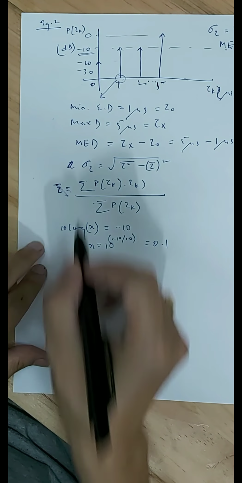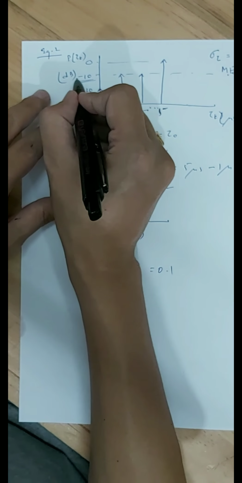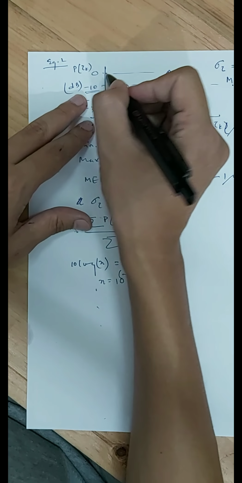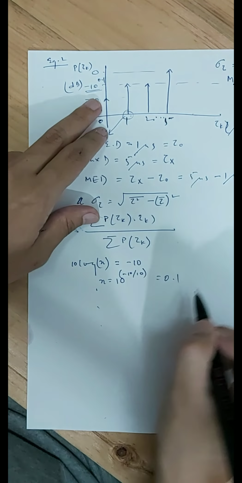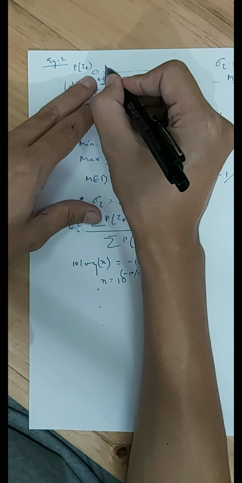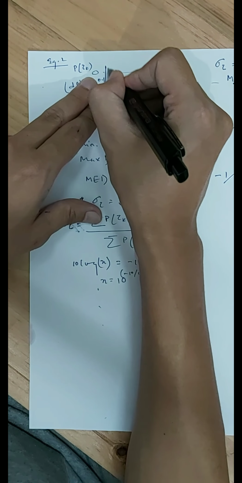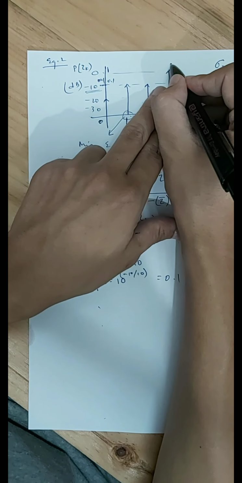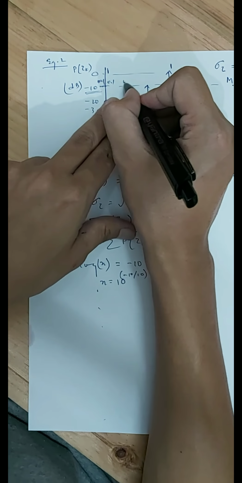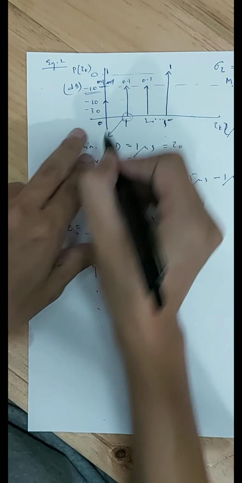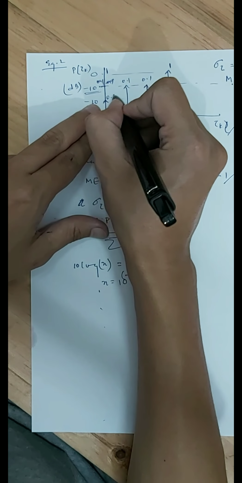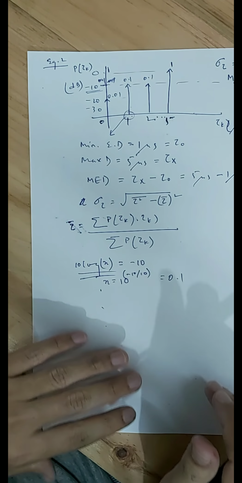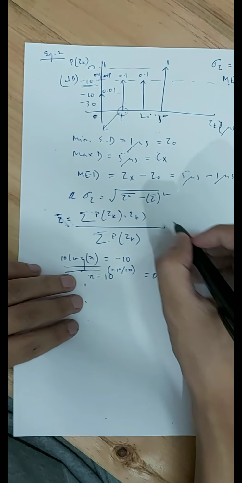So we'll do this for all these values: 0.1 for minus 10 dB, 1 for 0 dB, this is 0.1, this one will be 1, this one 0.1, 0.1. What about this one? This one will be 0.01 if I take the anti-log using this formula. So from there you can calculate.